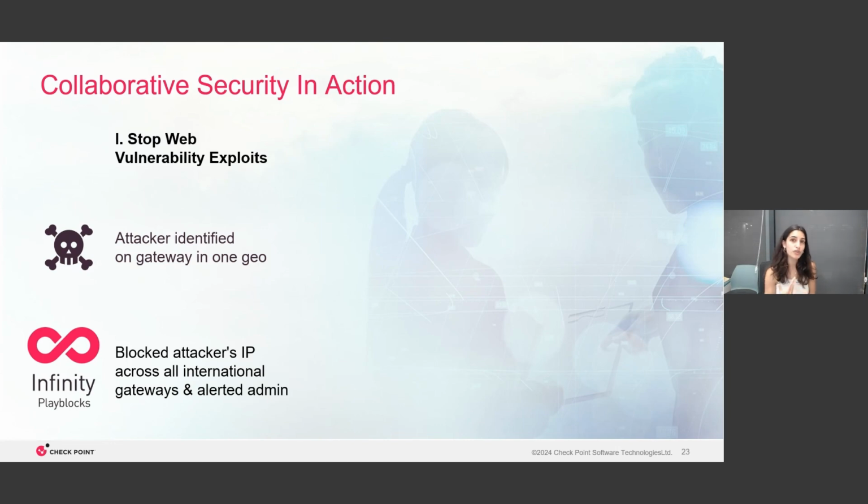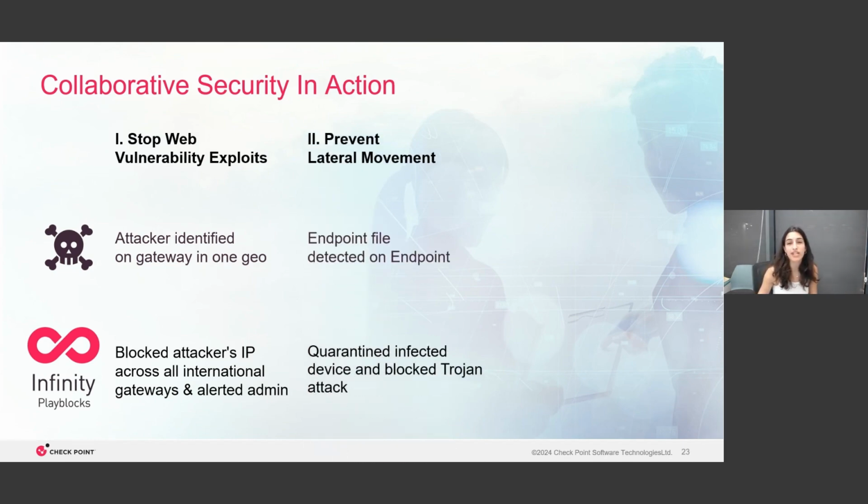And what was cool is that not only did we inform the administrator about that prevention using their Slack channel immediately, we also saw, after the fact, another attempt by that IP to communicate with other gateways that it had not communicated with before. All those attempts were dropped, of course, due to the successful prevention of Playblocks. So that was just one capability that Playblocks has.